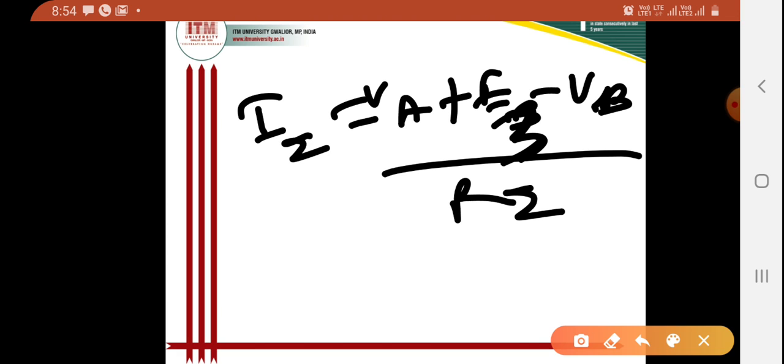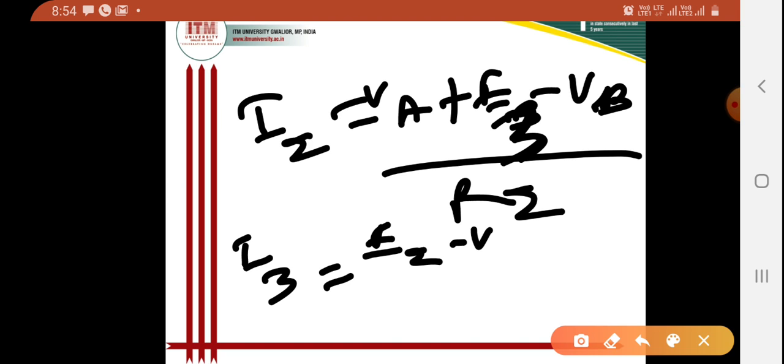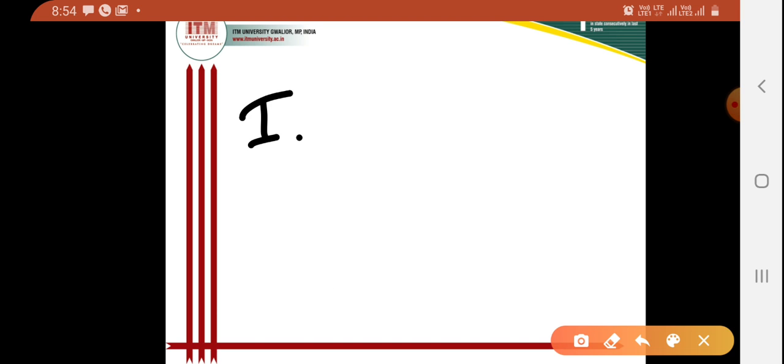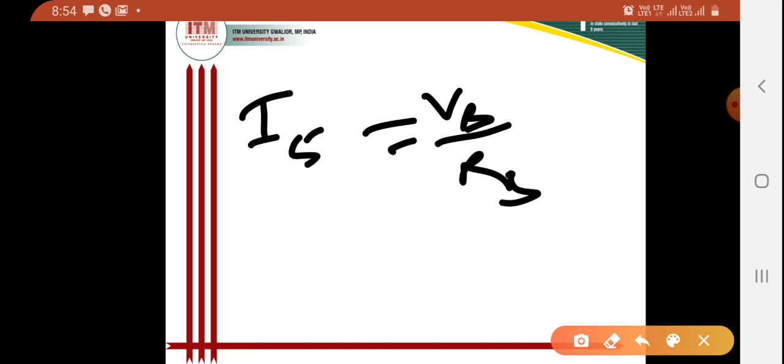Now similarly, when I am writing I3, I can write I3 as E2 minus VB by R3. And I5 can be written as VB by R5.